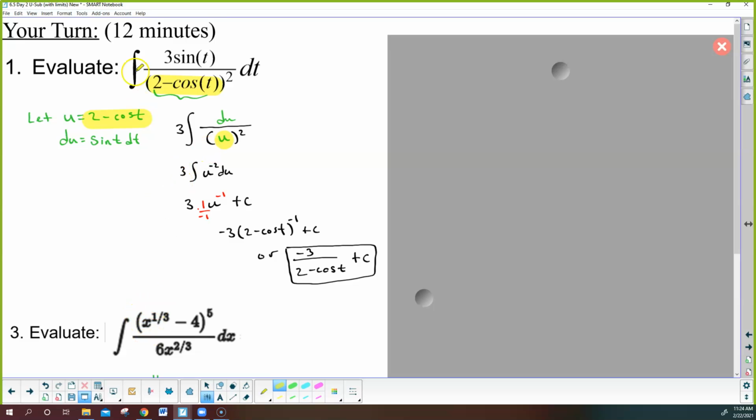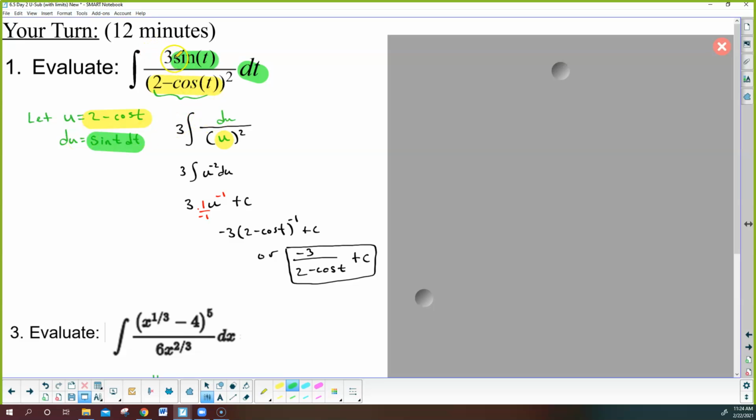But the only other question is, why is this the correct u? Well, if I take the derivative of that, notice its derivative is a positive sine t dt, and that value is shown right there. So I can replace this sine and this dt with du.